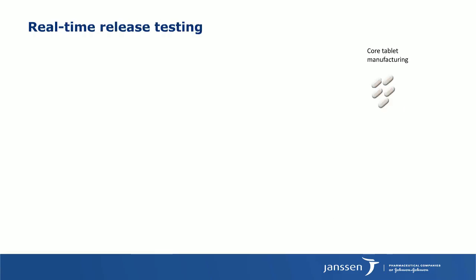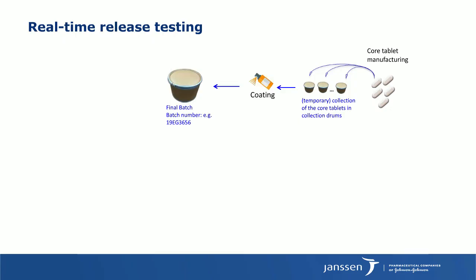Now, let's take a look at real-time release testing. We have the core tablet manufacturing. As mentioned, the core tablets are manufactured, they go into temporary collection drums. From the temporary collection drums, they might first be coated or not, then they go into the final batch. The final batch, let's visualize it as one big drum. That final batch gets a batch number itself.